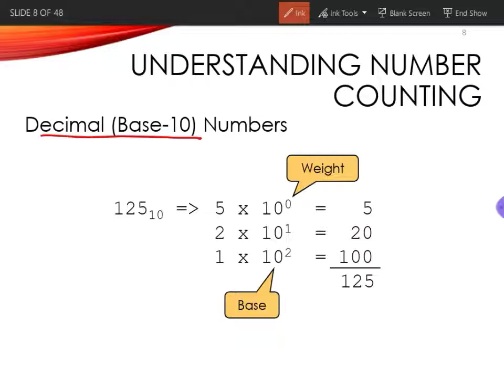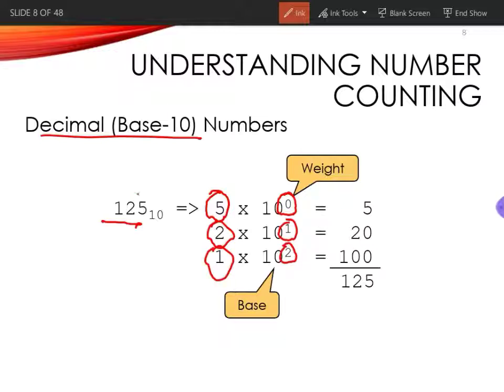So let's say the number 125. What this means is that the 5 is in position number 0, the 2 is in position number 1, the 1 is in position number 2.